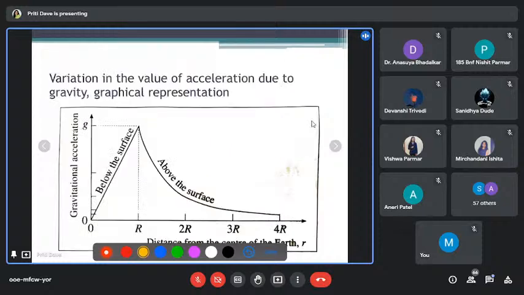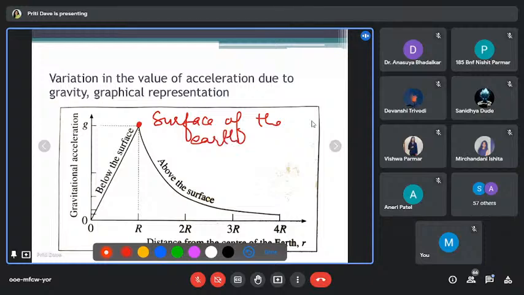Now, if you look at a graph of variation in the value of acceleration due to gravity, as you can see, even graphically, this is the surface of the earth. Many times, even graphs are asked in MCQ.